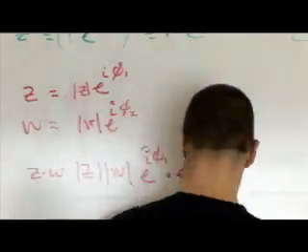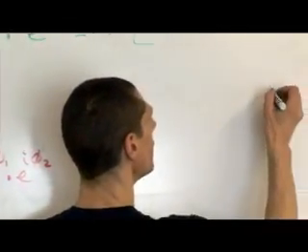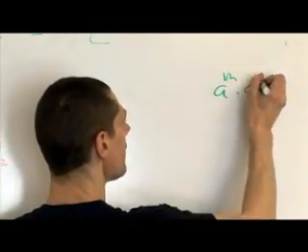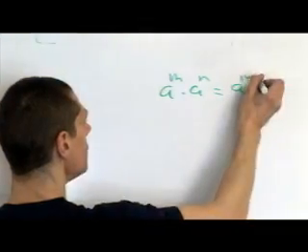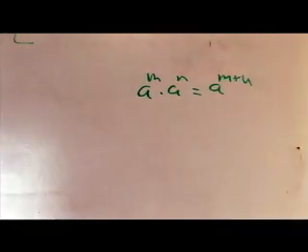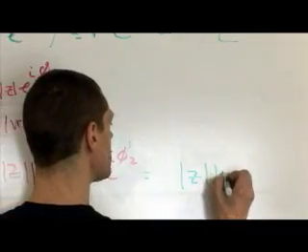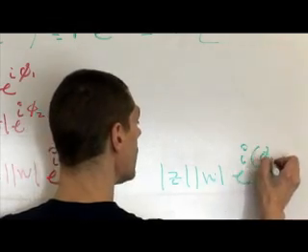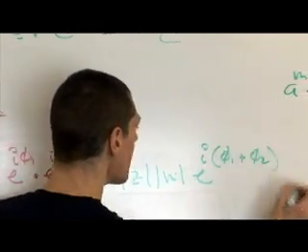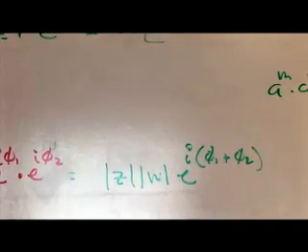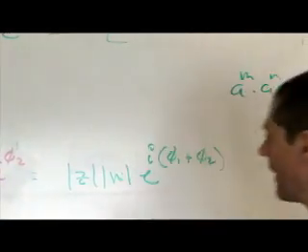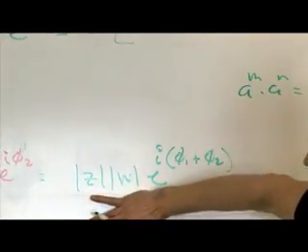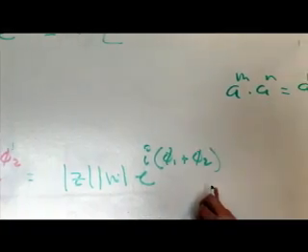But remember, a to the m times a to the n is a to the m plus n. So this is going to be the modulus of z times the modulus of w, e to the i (theta 1 plus theta 2). So what happens is, when you multiply two complex numbers together, you're really multiplying their lengths and adding their angles. That's really neat.